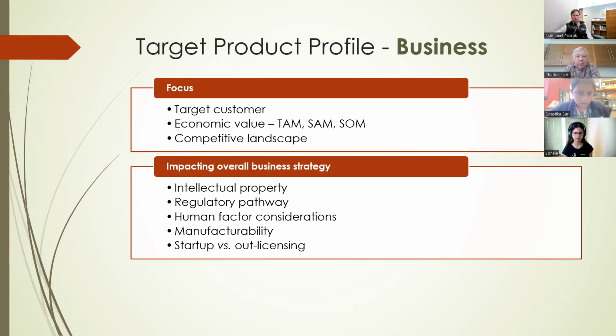And then the competitive landscape. These 3 fundamental focuses of customer, economic value, and competition are critically influenced by aspects such as the intellectual property status of the product and the opportunity, the regulatory pathway the product has to go through at the FDA or at other regulatory agencies and the like.